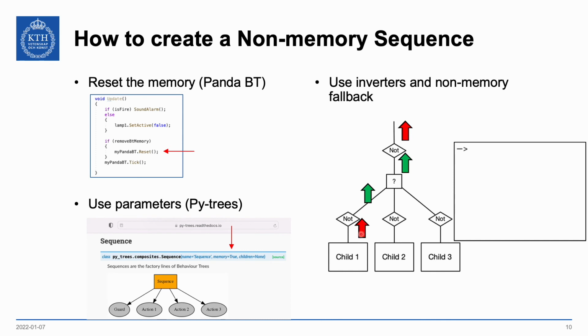So overall, if the first child fails, the sequence here is going to return failure, which is also what we want. And running just progresses through the node and all the inverters as running, so that also works as we want. So this way you can create a non-memory sequence by using non-memory fallbacks and inverters.